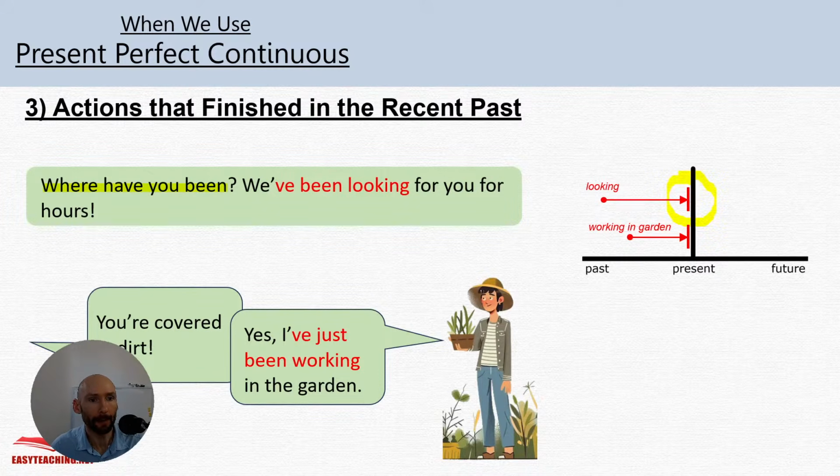The relevance is that the person has said, "You're covered in dirt." So them saying, "I've just been working in the garden," is relevant to the question in the present. So we use present perfect continuous for actions that have finished recently but are relevant to the present.